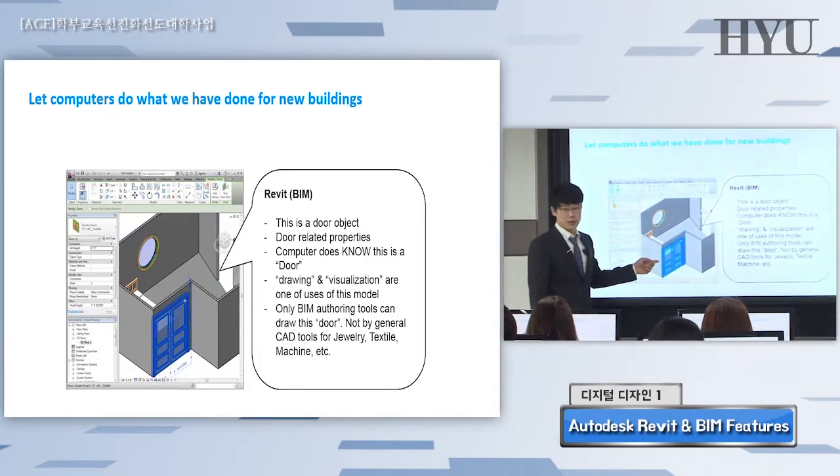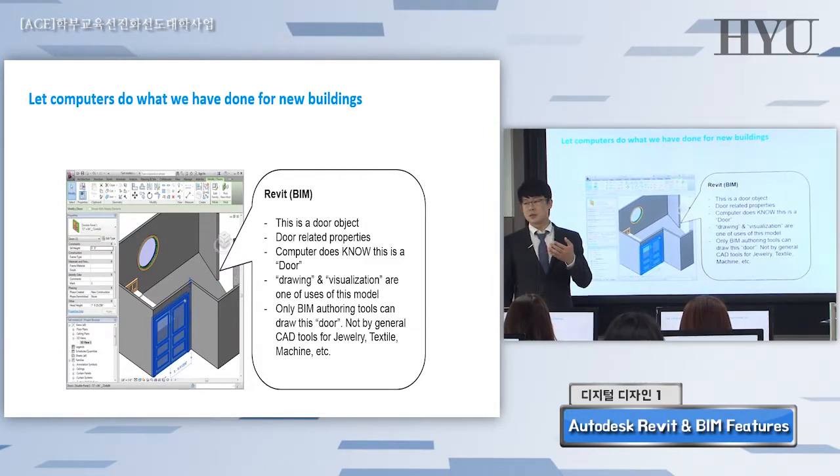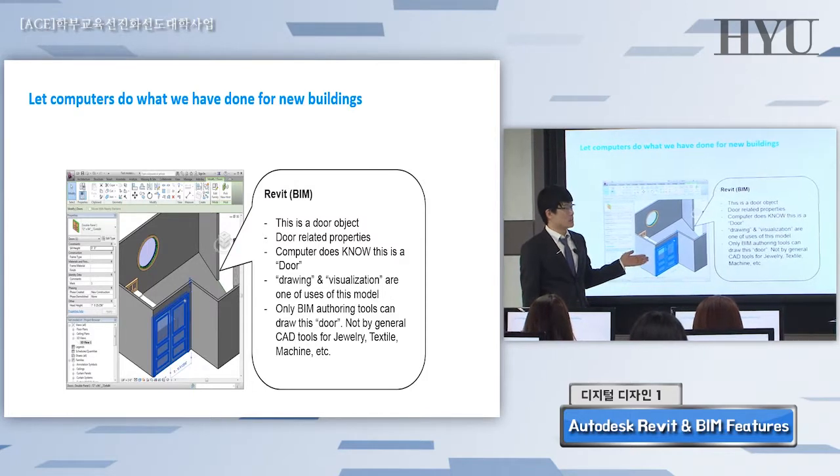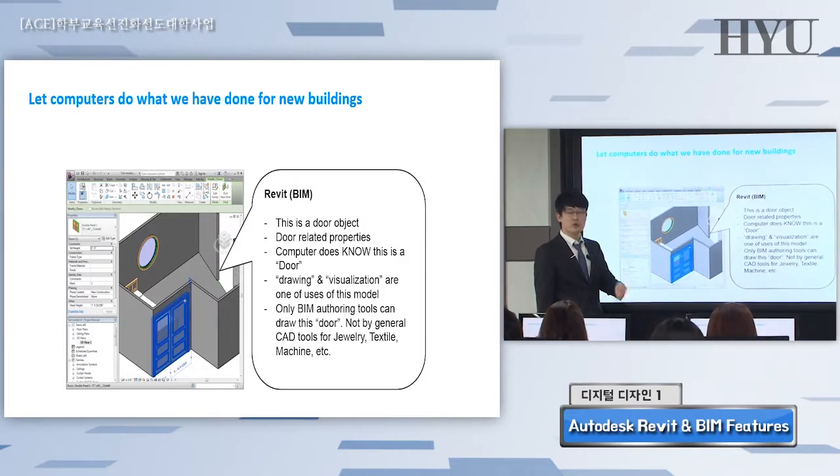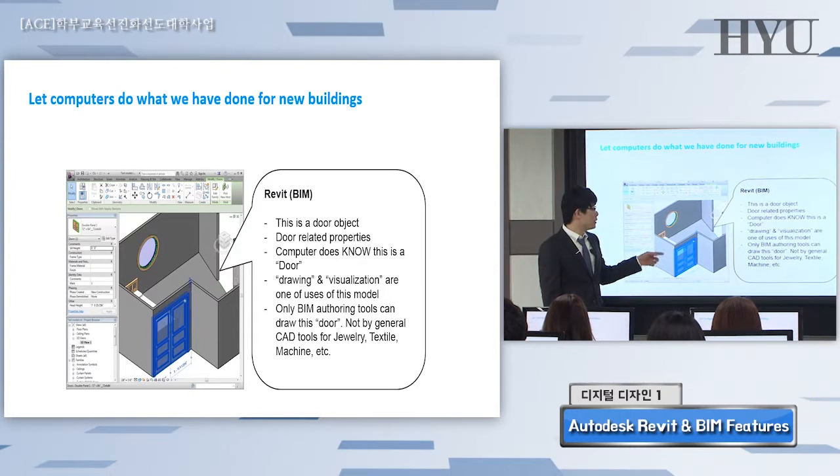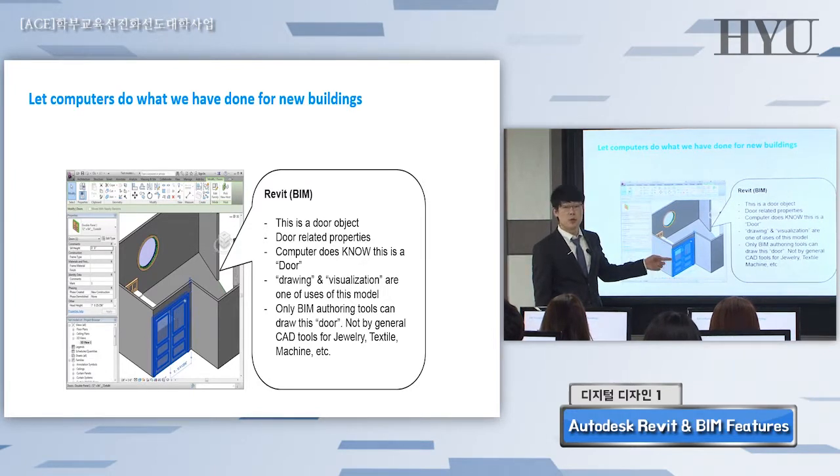This is a door object, and please think about what's different and what you can do more when the computer understands this is a door object. Okay, that's very important. If you understand and maximize the meaning of that relation and make some application, you can do something highly beyond others, someone who knows just the given fundamental things.